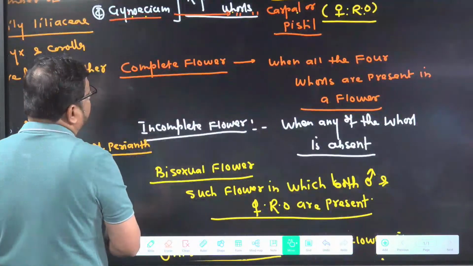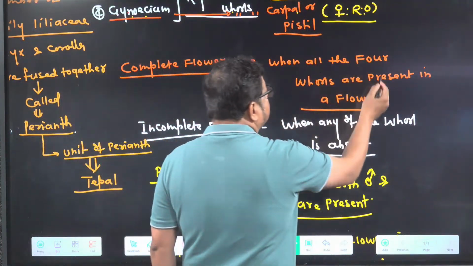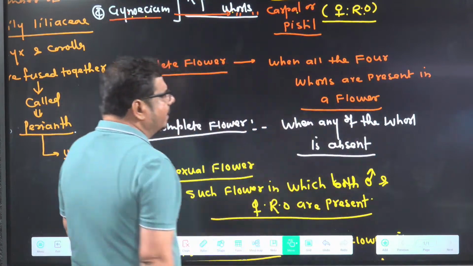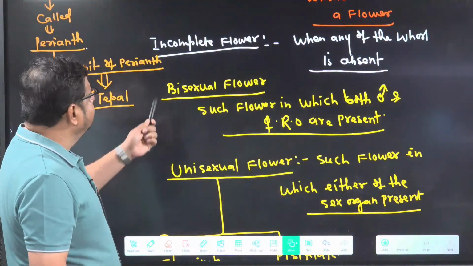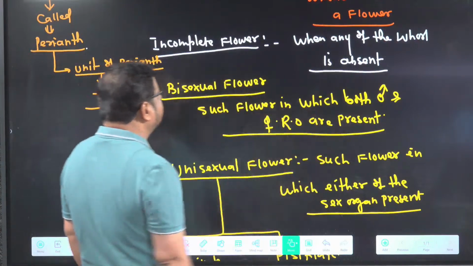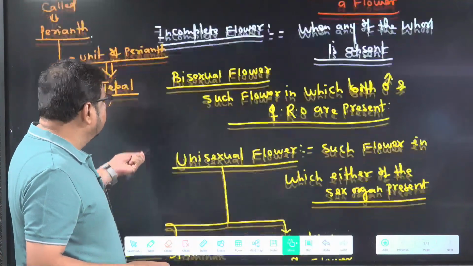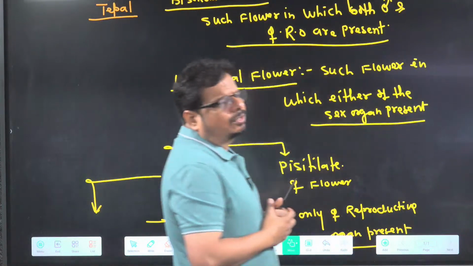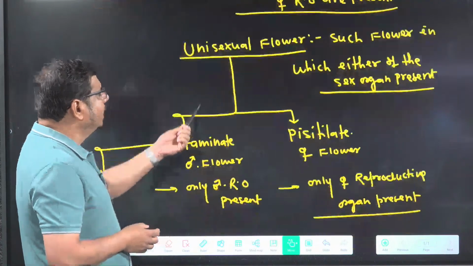Later on, I told you about complete flower. What is a complete flower? When all 4 whorls are present. Incomplete flower, when any of the whorls is absent. Now, I told you about another terminology, bisexual flower. Such a flower in which both male and female reproductive organs are present is called a bisexual flower. And a unisexual flower is one in which either male or female sex organ is present, and based on that it is of 2 types.